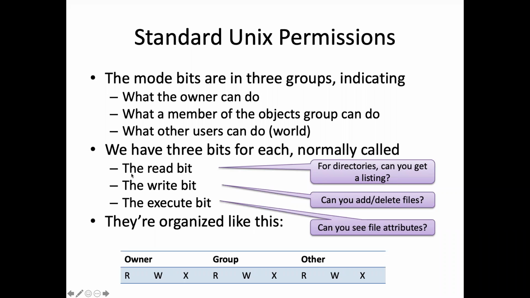So like I've listed over here for a plain old file, these bits mean, can you read from what's in that file? Can you write? Can you change what's in that file? If that file was a program, can you execute it or not?